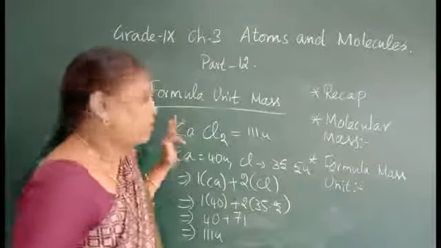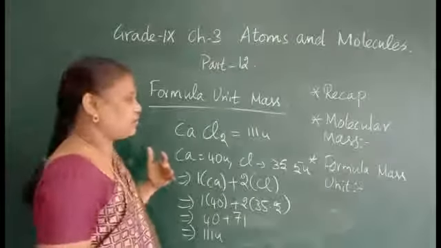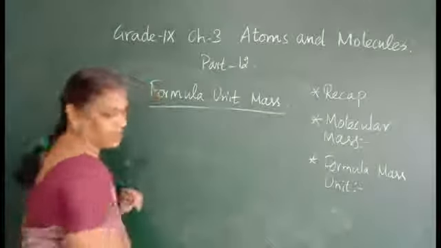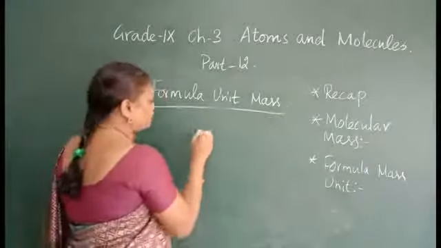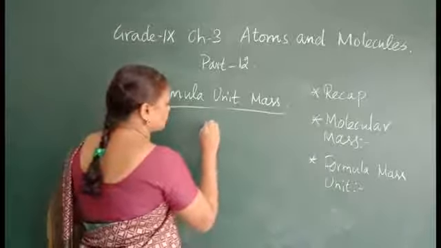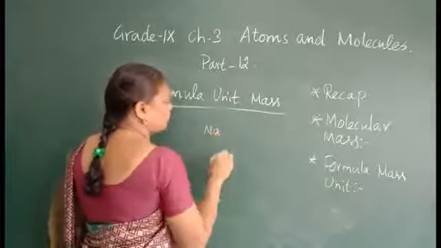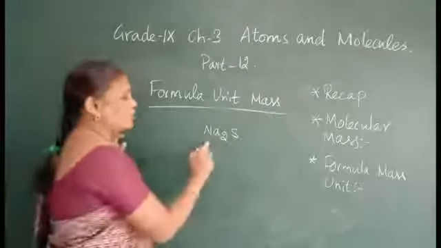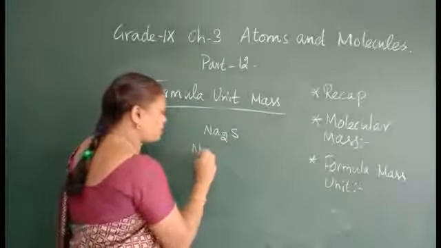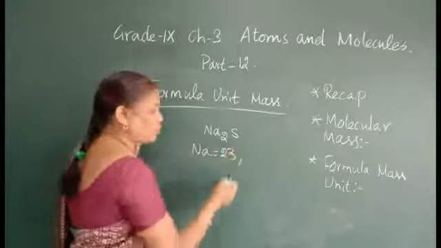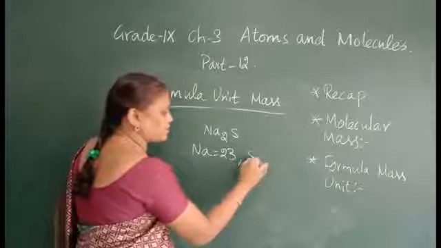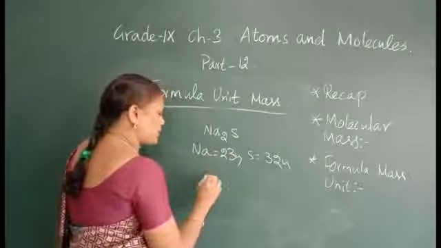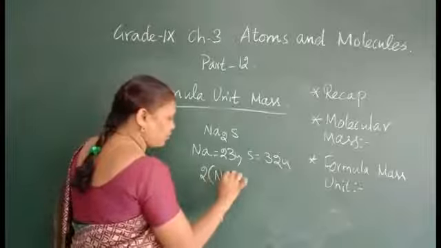Okay, let me give some examples. Exercise. One more example I will give you, which is not given in your book. You can find it later. For example, sodium sulfide. Okay, we can find it. Sodium sulfide. What is the value of sodium? 23. Sulfur is 32 U. Now, when you substitute, how many sodium are there? 2 sodium.